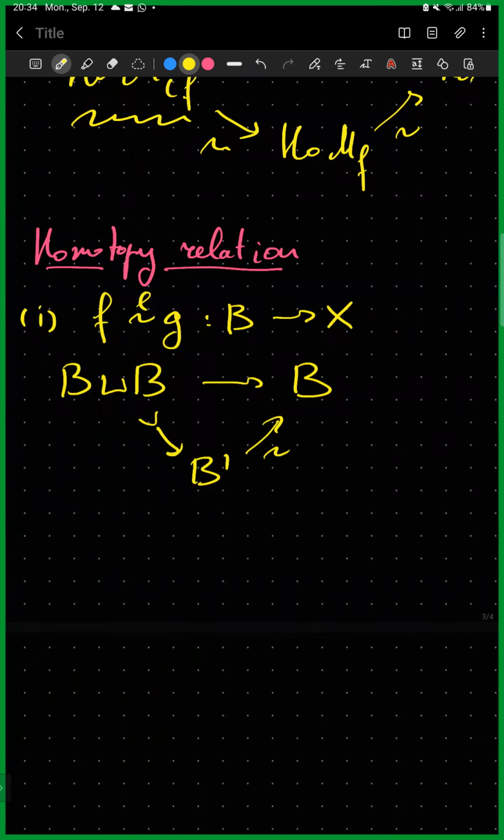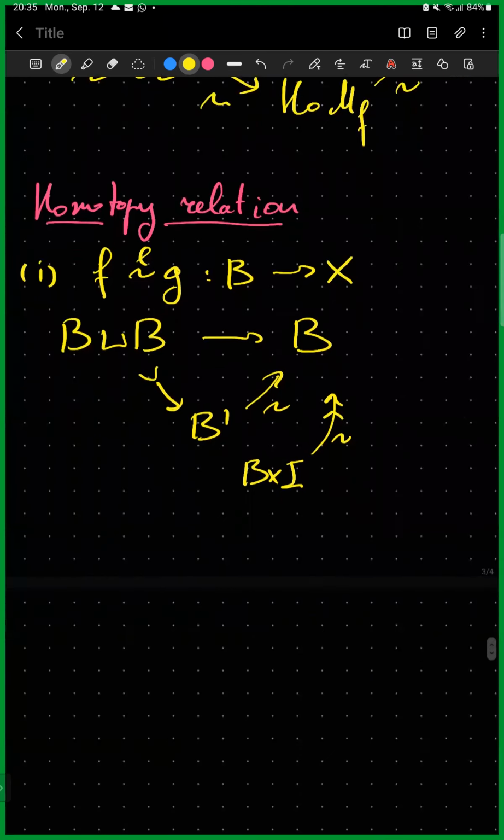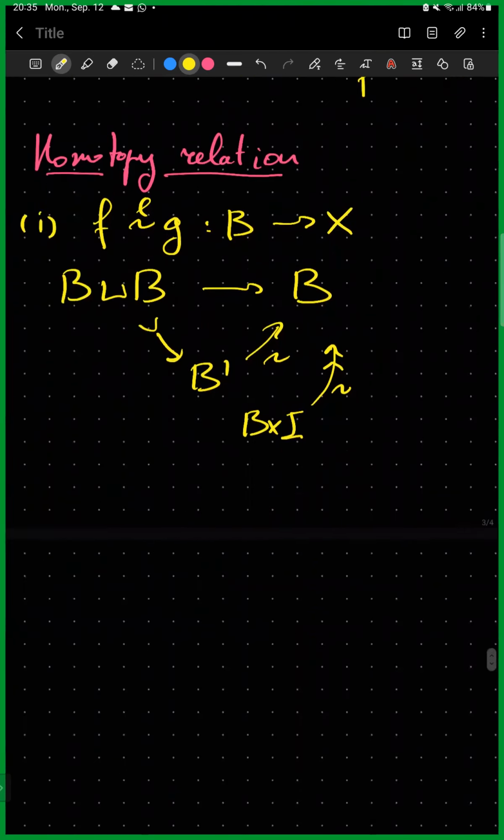So we actually can consider a canonical cylinder, B times I, where we require this to be a trivial fibration, but instead we will consider a weaker notion of a cylinder where we only require it to be weakly equivalent to B, not require the map from B prime to B to be a trivial fibration.